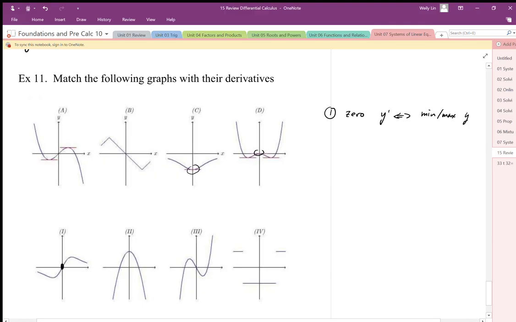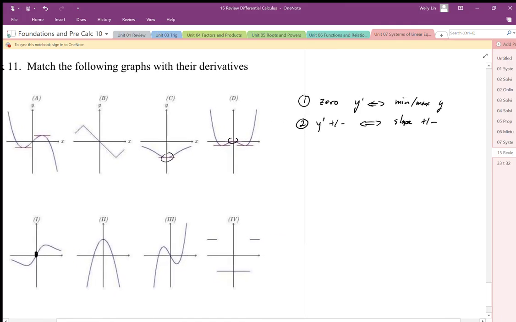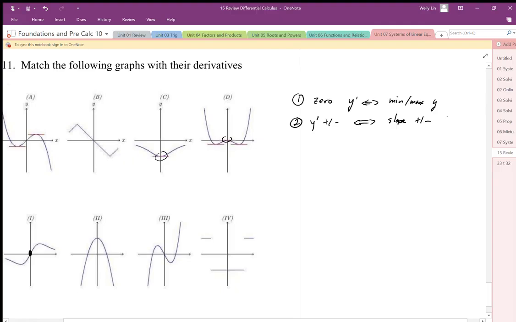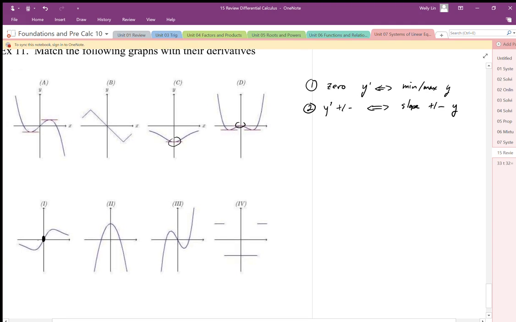We also want to look for where the slopes are positive, so where y prime is positive or negative, and that relates to slope positive or negative on the y graph. In this case we have negative slope, and this is a different color. We have negative slope here in this section, and here we have negative slope.